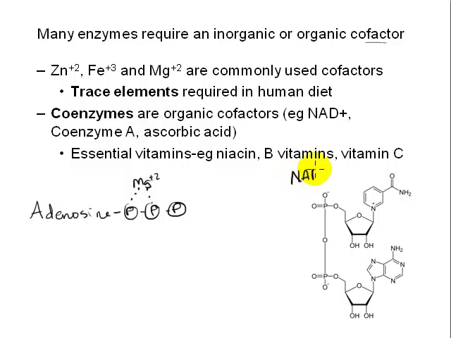Examples of coenzymes are nicotinamide adenine dinucleotide, or NAD, which we talked about in the nucleic acids unit, and coenzyme A, which are both critical players in the reactions of cellular respiration. Ascorbic acid is required for collagen biosynthesis among many other metabolic reactions. The deficiency syndromes associated with malnutrition are directly caused by loss of the metabolic reactions that these cofactors and coenzymes are participating in.